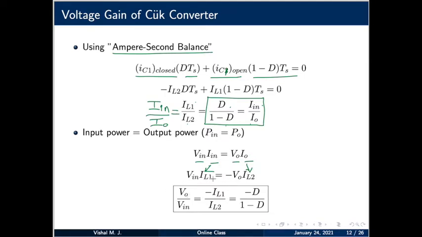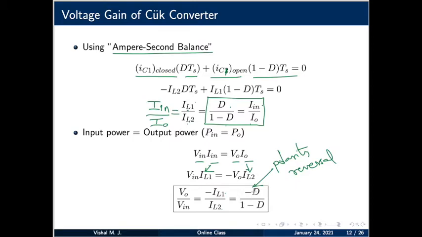So, you take the gain V0 by Vin is equal to minus IL1 by IL2. IL1 by IL2 we have d by 1 minus d. So, minus IL1 by IL2 will become minus d by 1 minus d, and this minus sign is responsible for the polarity reversal at the output.